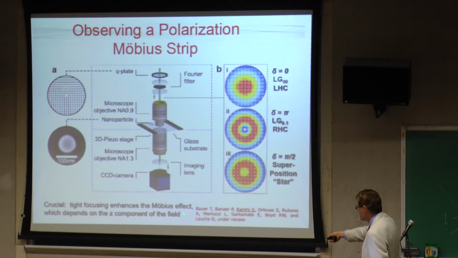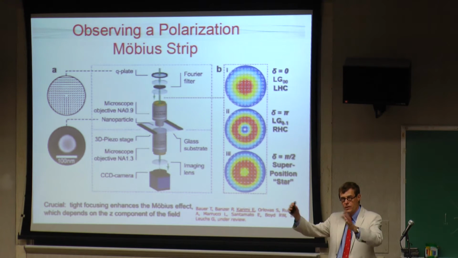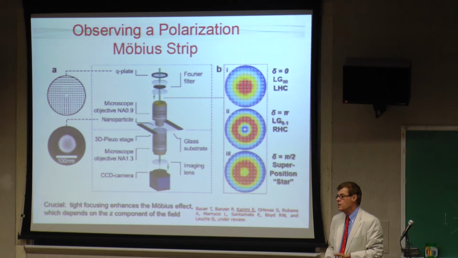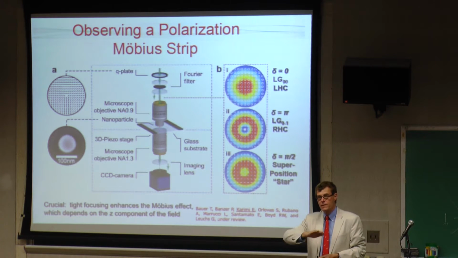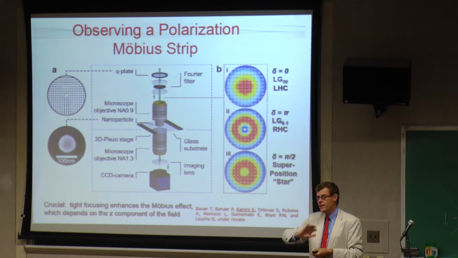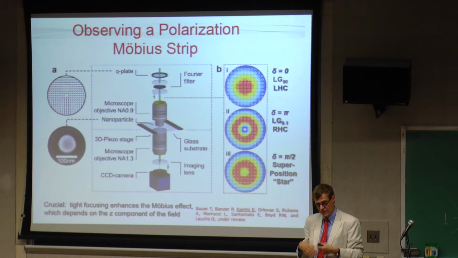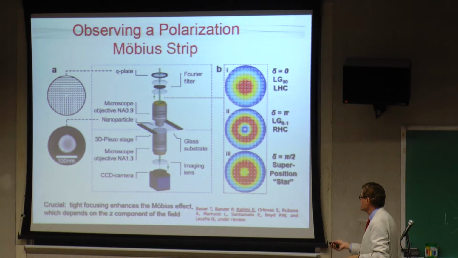I haven't mentioned this already. The reason why you have to focus so tightly is that you want there to be a three-dimensional distribution of electric field vector. It almost doesn't make sense to talk about a Möbius strip in a two-dimensional space. You just don't know what that means. So you have to have a structure embedded in a three-dimensional space for it to even make sense to talk about a Möbius structure.